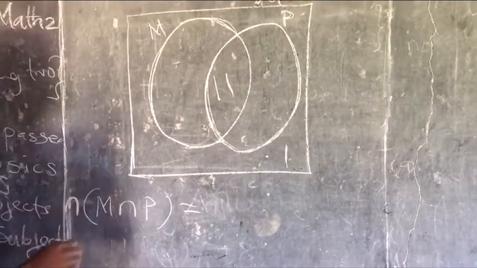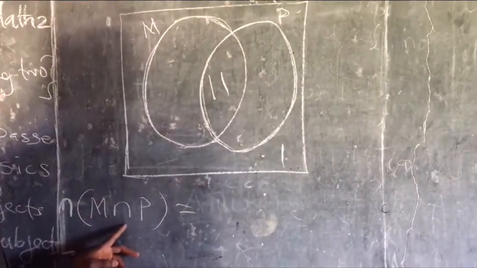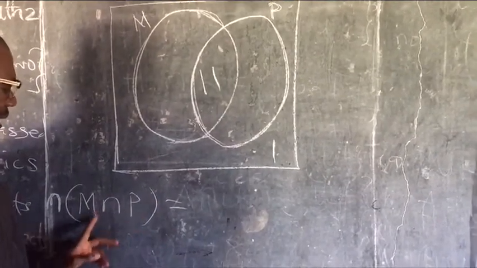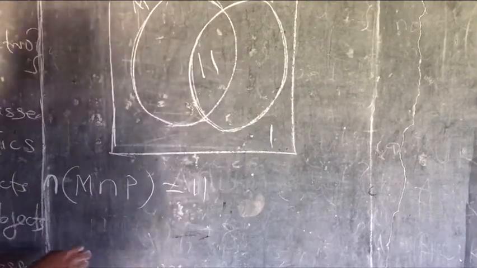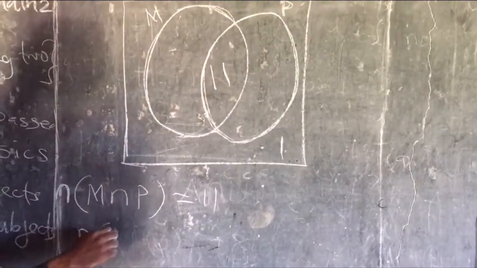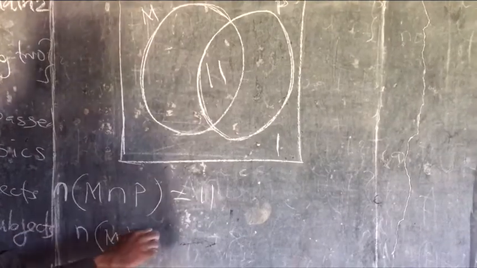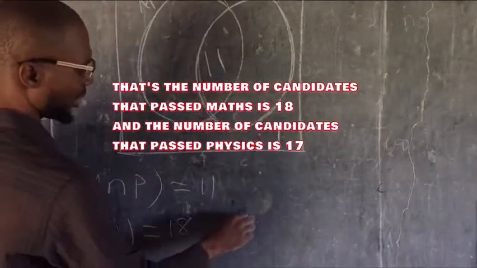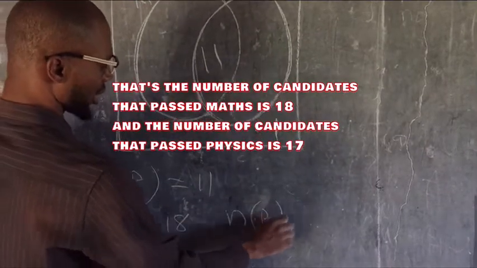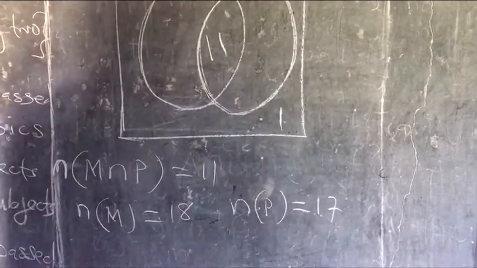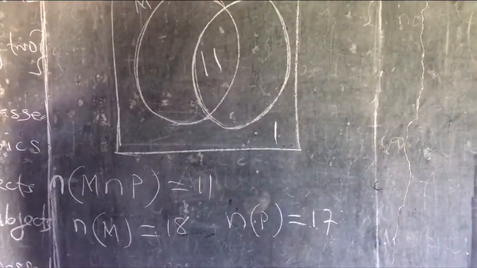We say cardinality na the number of what? Of elements wey dey the set. So number of elements wey dey inside this intersection na 11. Now, for Maths, number of elements wey dey Maths na 18, and number of elements wey dey Physics, we go call them 17, abi? Now, na so e come be.